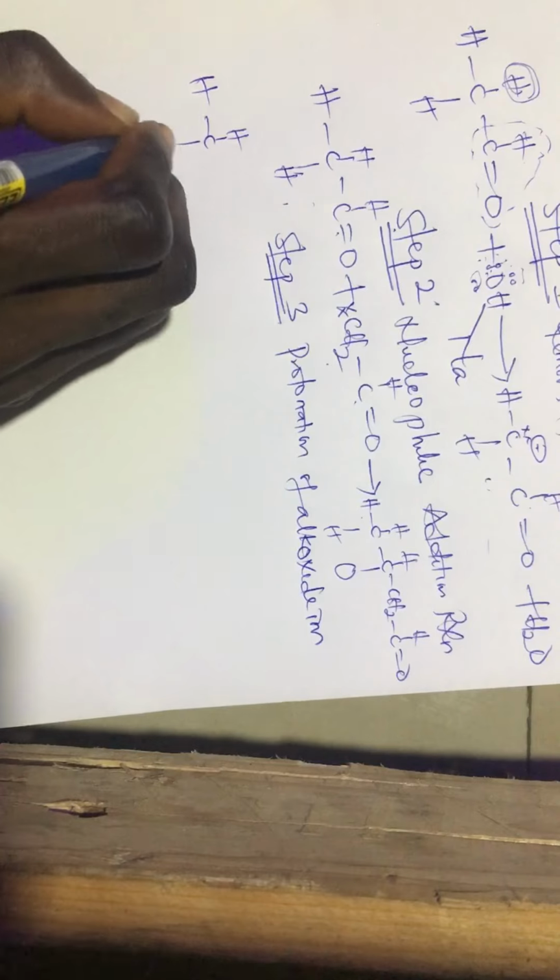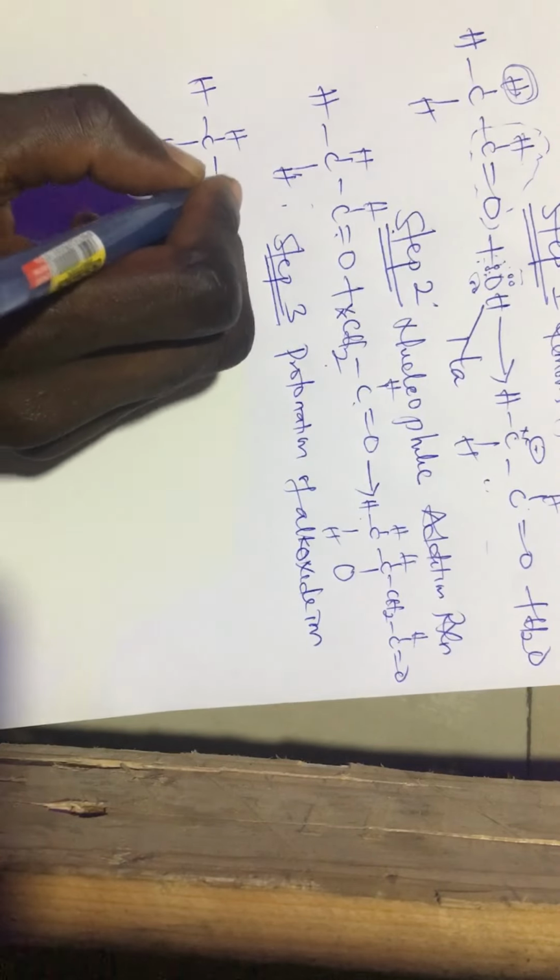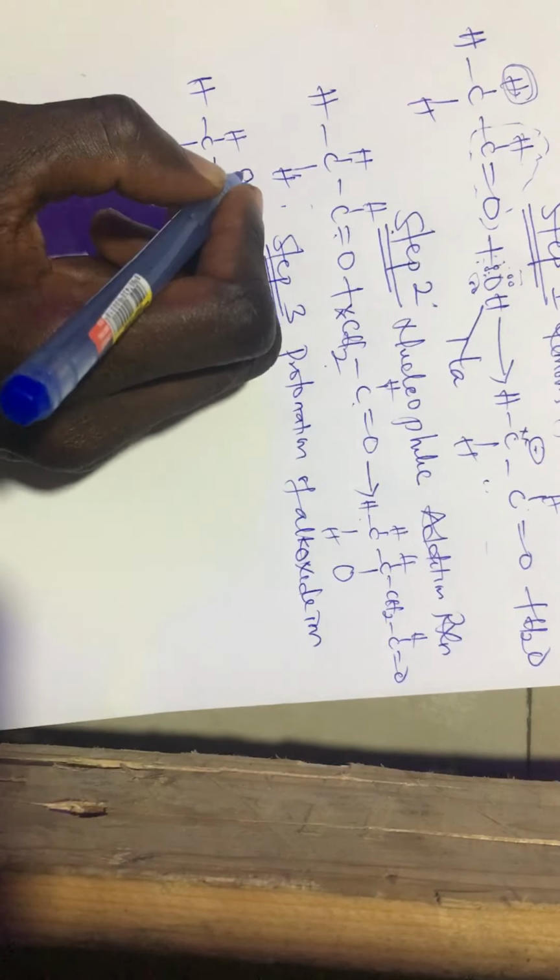So I have this. Don't forget the outer electron here will now be 6, so that will be the carbanion, with a negative sign here.